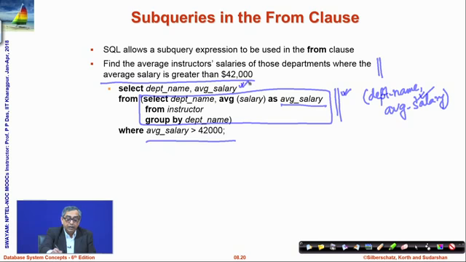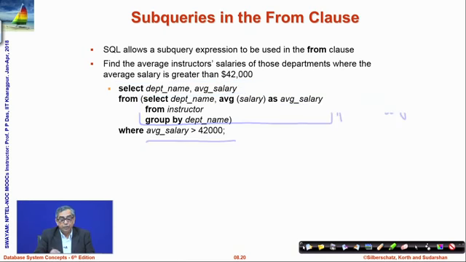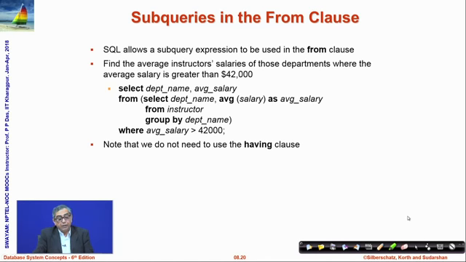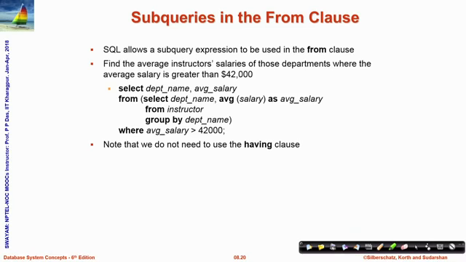So, these will feature in the output of this selection. That is how you can very easily use a nested subquery in the from clause, and for this, earlier we solved this problem using the having clause, but here we did not need the having clause to do this.